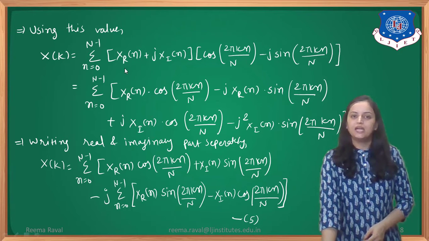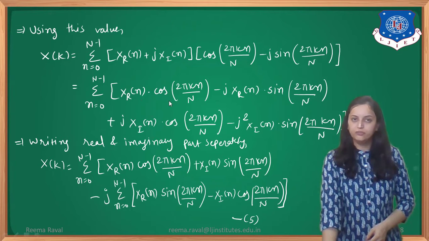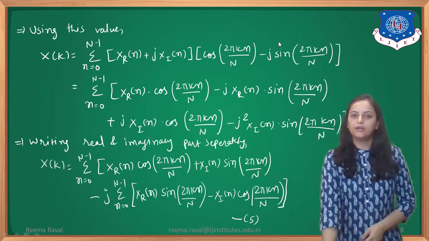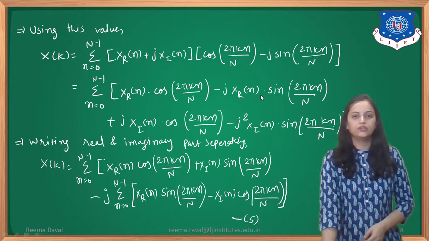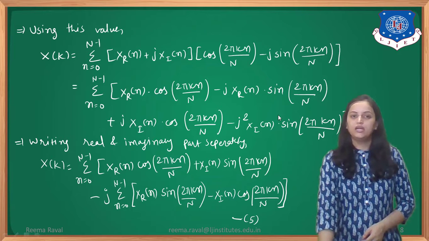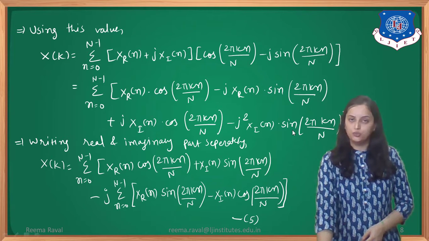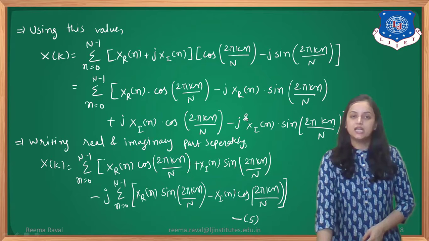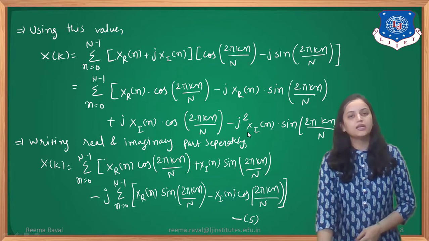Now we need to multiply each and every term with this. So we will get xr of n, that means this part, multiplied with the cos part. So the first term will be that. Then next we will multiply this minus j sin term with xr of n, that is the real part of x of n. So we will get this. Same way we will multiply the other two terms to get these two terms. Now here we are getting j square, and the value of j square is minus 1.